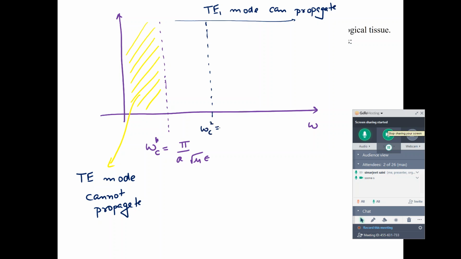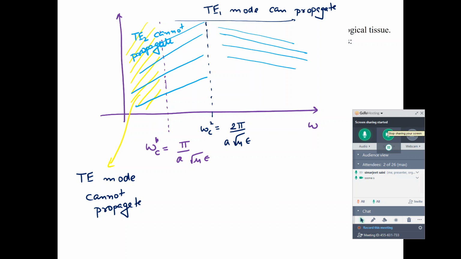omega C2, such that this is now 2 pi a by square root of mu epsilon. Below that frequency, TE2 cannot propagate. Whereas above that region, in this area, TE2 can propagate.